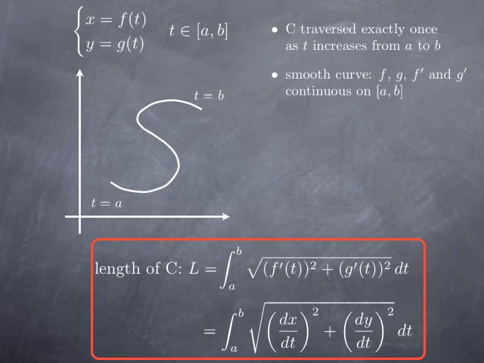So in this setting, where the parametric curve we're considering is traversed exactly once as t increases from a to b, and the curve is smooth, then the length of the curve is given by this integral that we have just seen, which we can write as the integral from a to b of the square root of the sum of the squares of the derivatives of x and of y. Derivatives, of course, with respect to time, to the parameter.